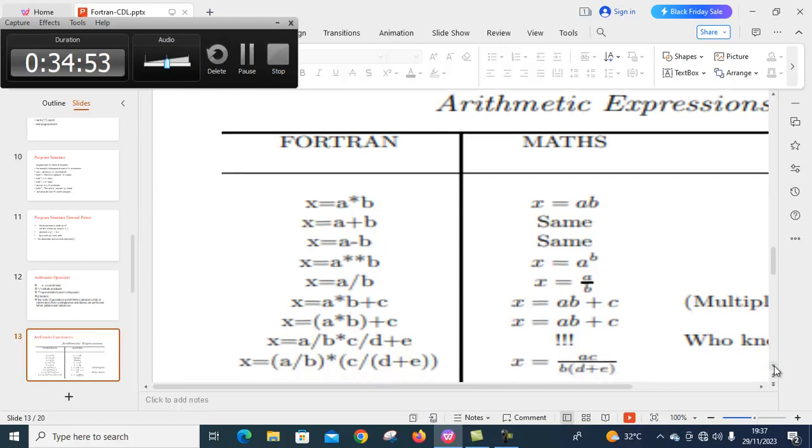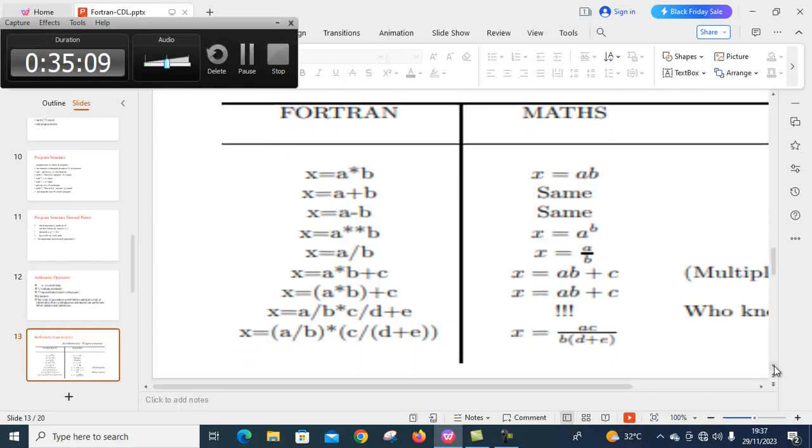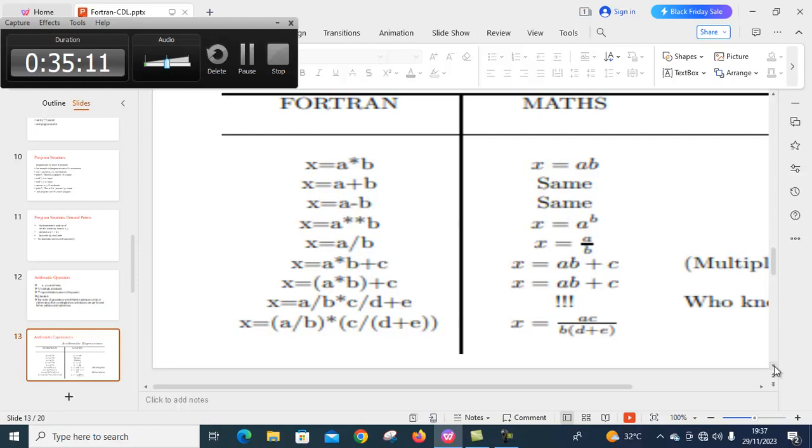Like for a plus b, s equals a plus b and s equals a minus b, in Fortran it is the same thing as the mathematical operations, but for others there are rules and there are guidelines.